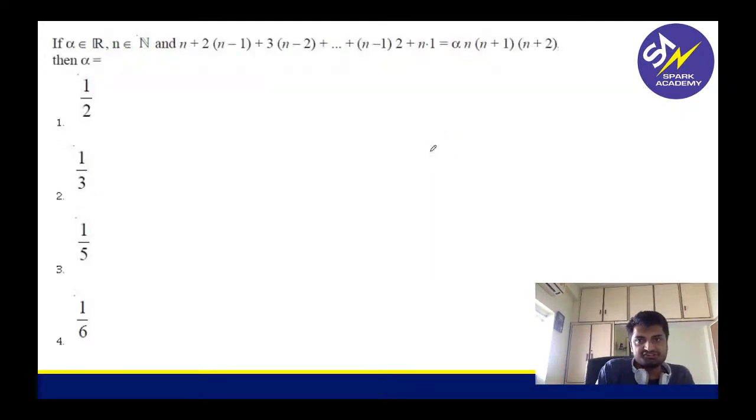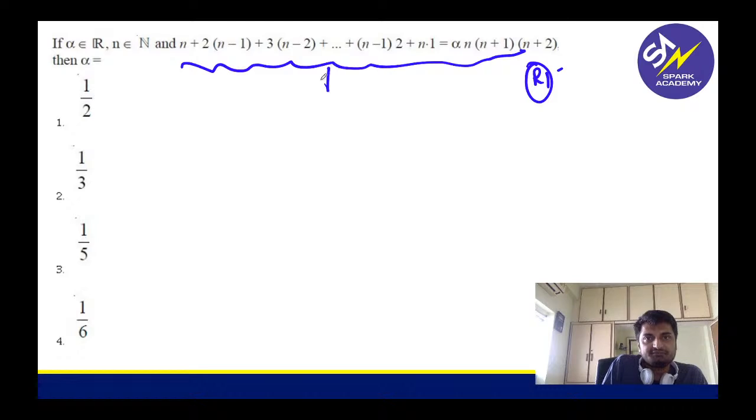Now look at the third question. Can anyone tell me which round it is? Third question, which round, guys? Round 1, because this looks like a mathematical induction sum, right?